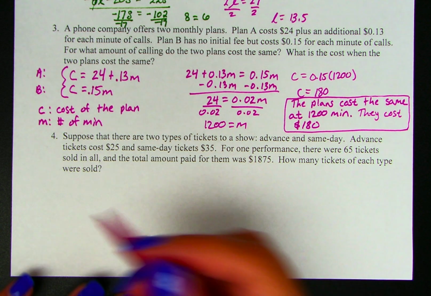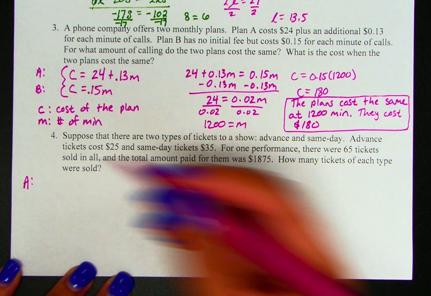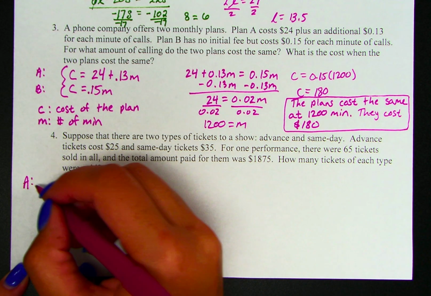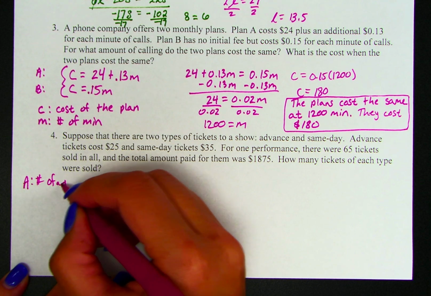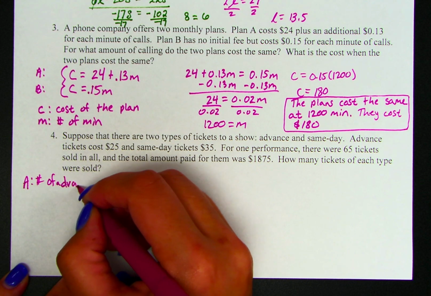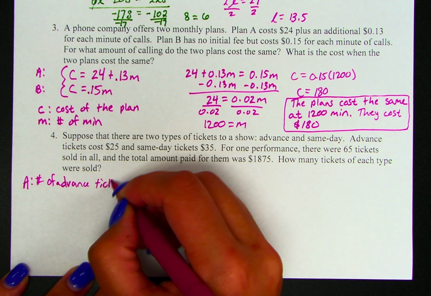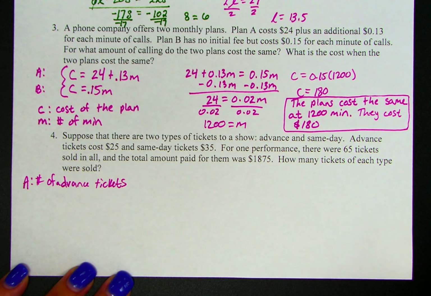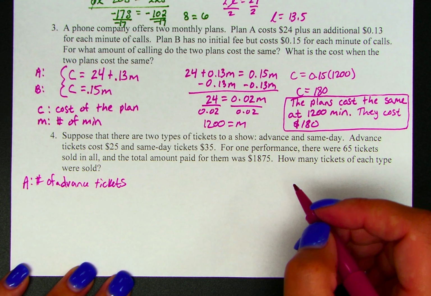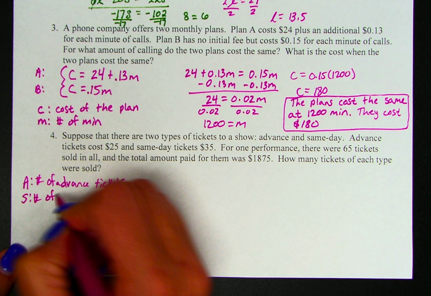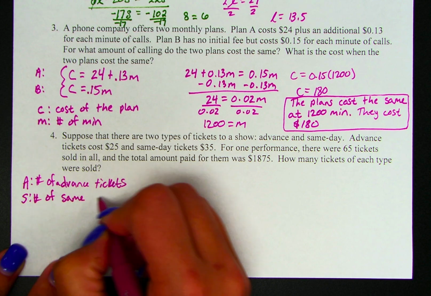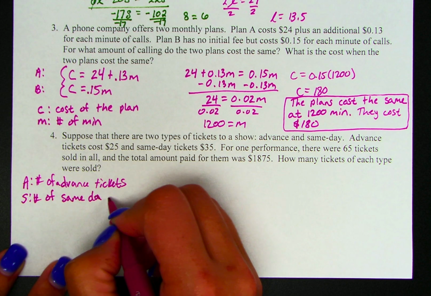Okay, so I'm going to use A to represent the number of advanced tickets sold. And I am going to use S for the number of same day tickets sold.